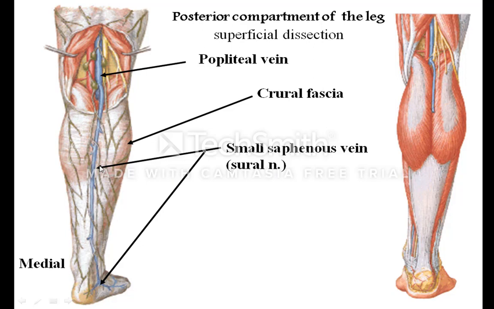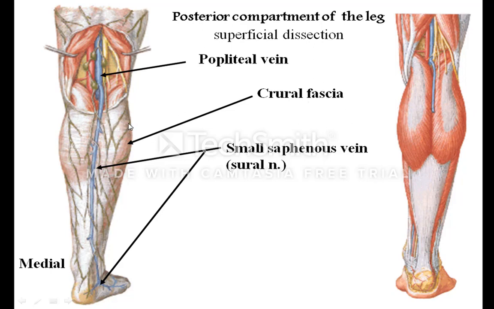It starts from the lateral aspect of the foot, runs posterior to the lateral malleolus, and drains into the popliteal vein. Here we can see some superficial lymph vessels, and the bulkiness of the calf muscle. We call it in a group the calf muscle or the posterior leg muscle.